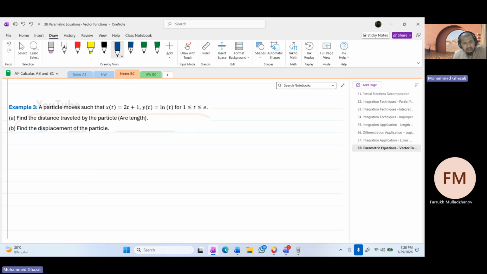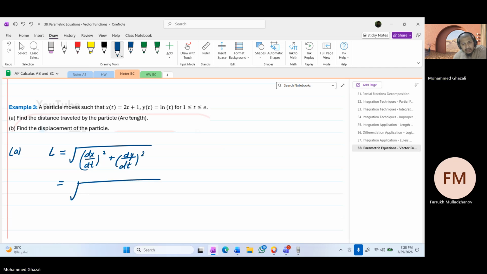Find the distance traveled by the particle, arc length. In other words, let's find the arc length of this. So first, arc length is basically dx/dt squared plus dy/dt squared. So what is dx/dt? If you're finding the derivative with respect to t of this function here, the derivative is 2.